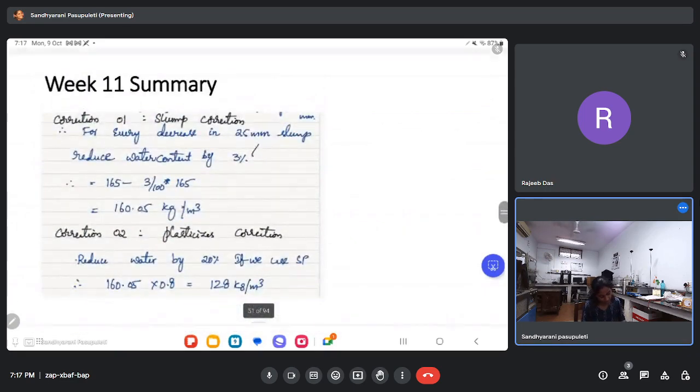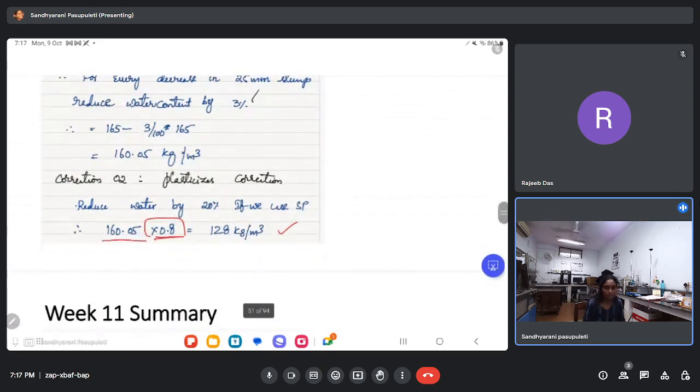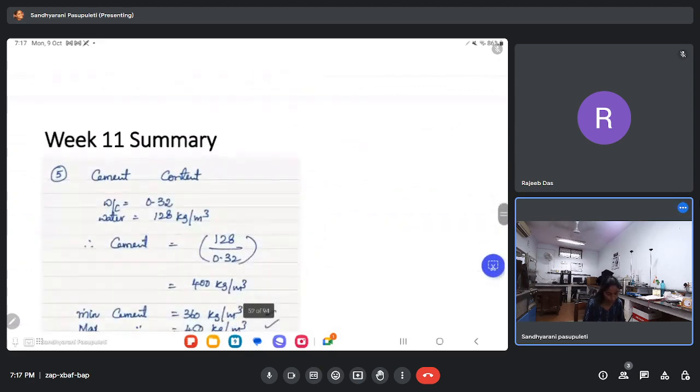Some correction is needed, because we are going to use plasticizers in our case. If there are no admixtures, the above table applies. If you use plasticizers, then around 20% of the given water content can be reduced, which means we use only 80%. So 0.8 into 160 means our final water content is 128 kg per meter cube.